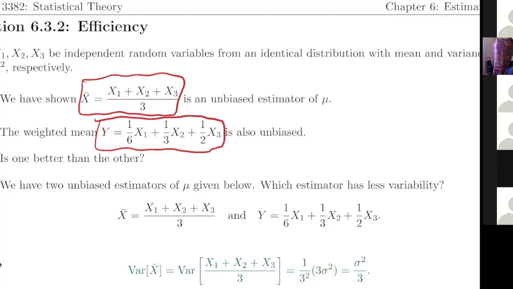And so we could say, okay, let's put more weight on X3 than we do on X1. So maybe some things in our sample are more representative than others, okay?